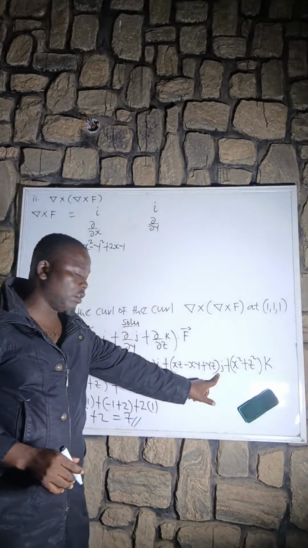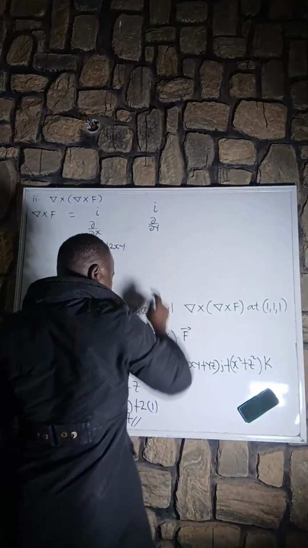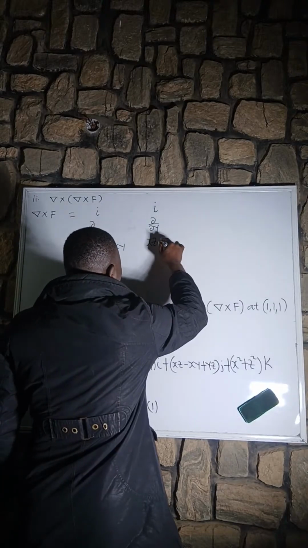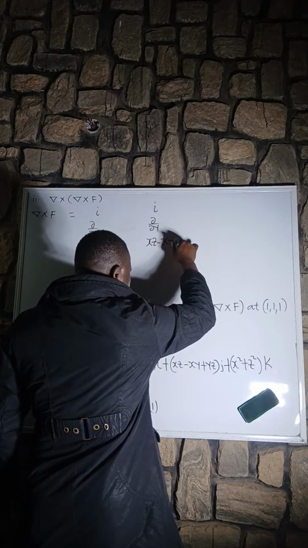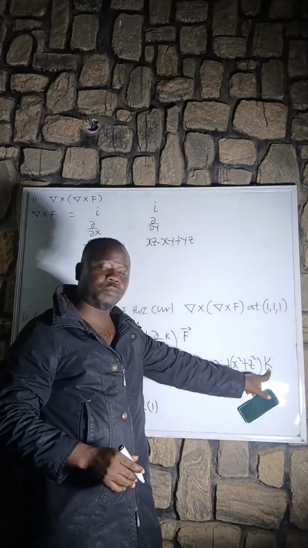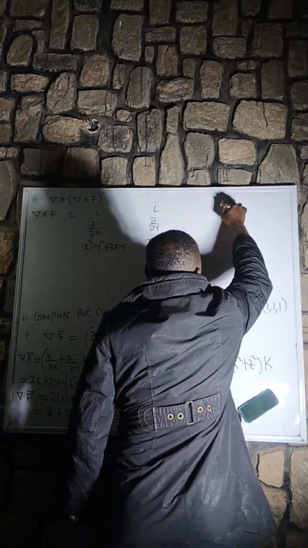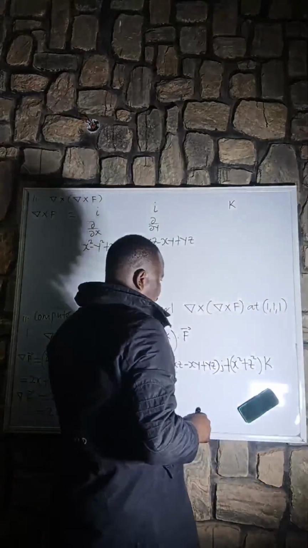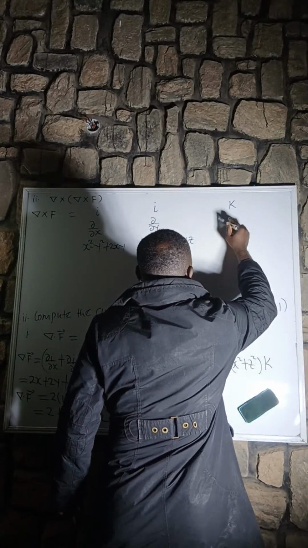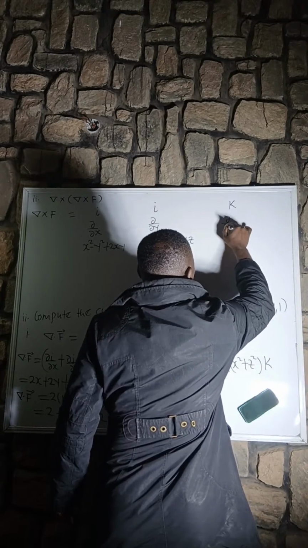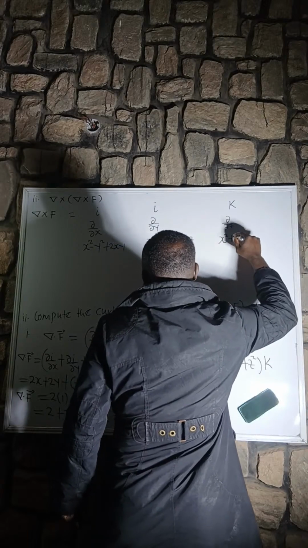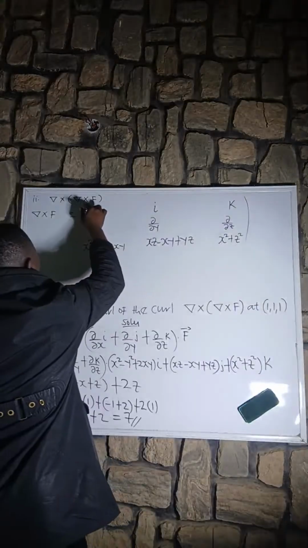So our j component is here, xz minus xy plus yz. Then our k component is this, we write k, here is partial over partial z, right? So x squared plus z squared. Now you leave it this way. Can you see now?